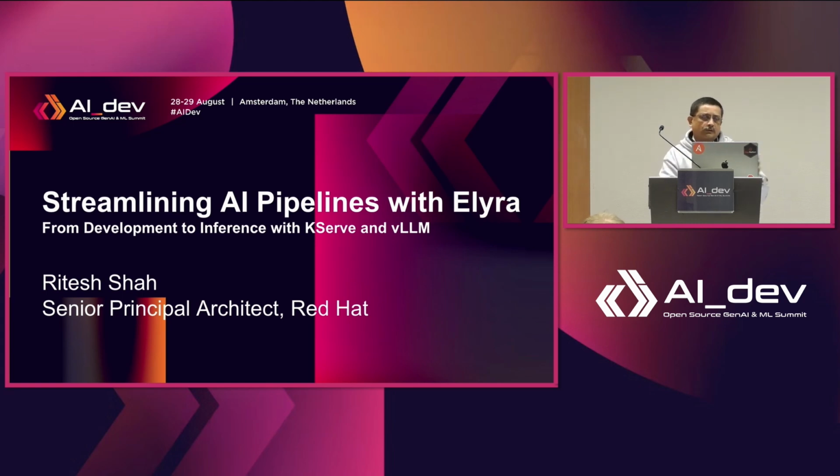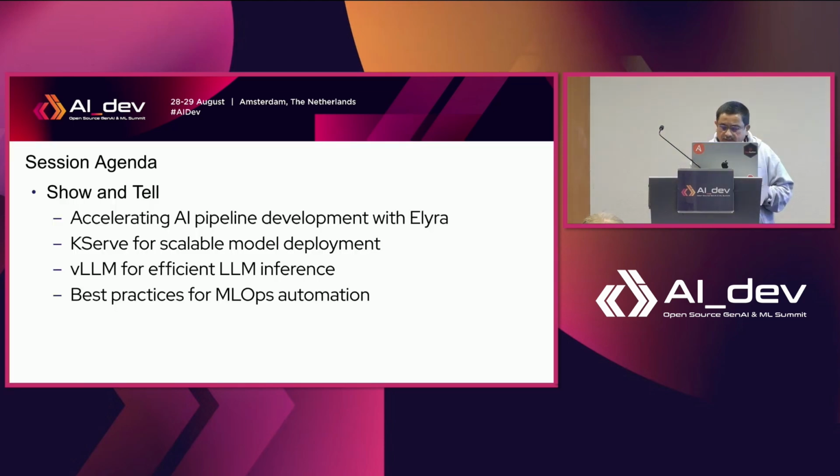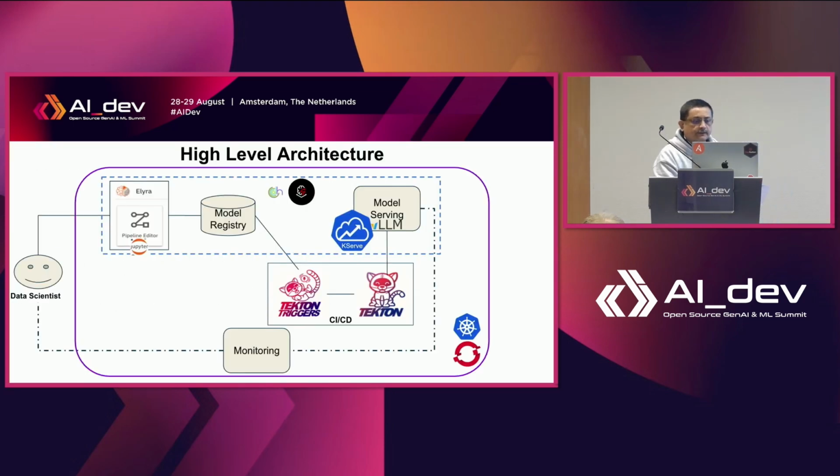Then I also want to run through how everything comes together, with something like this diagram. I'll go back to the agenda again. We have a data scientist who builds a pipeline to create a workflow for data preparation, data pre-processing, model training, model testing, experimentation, those kinds of things.